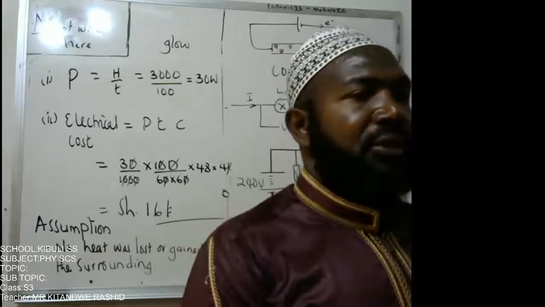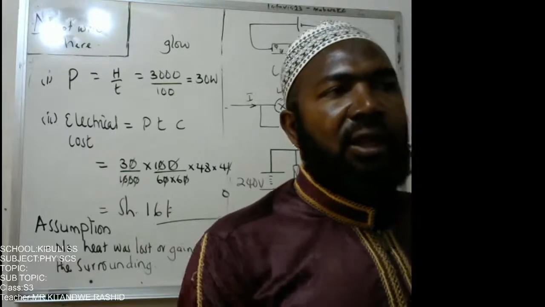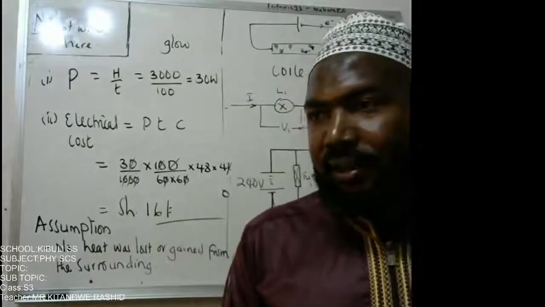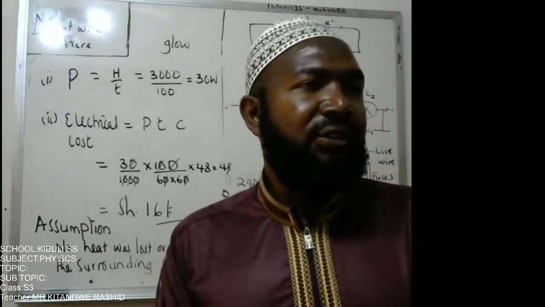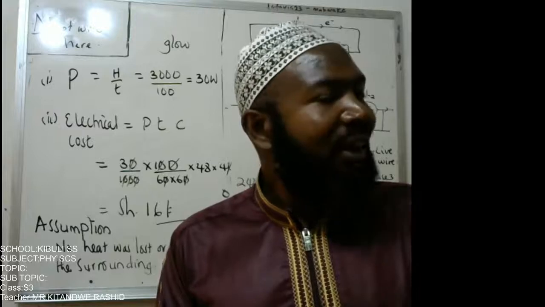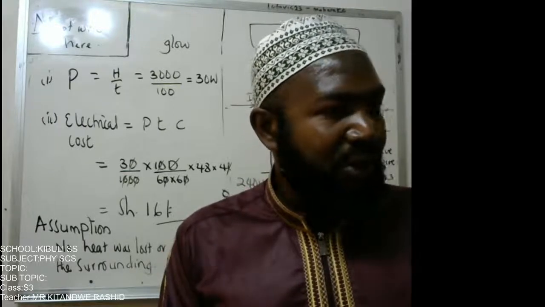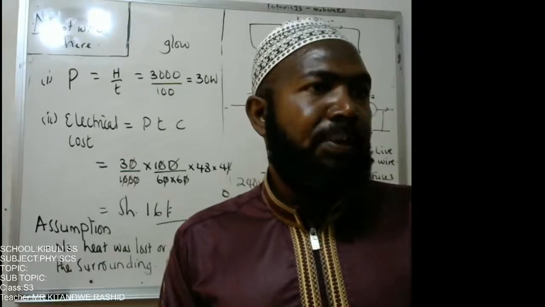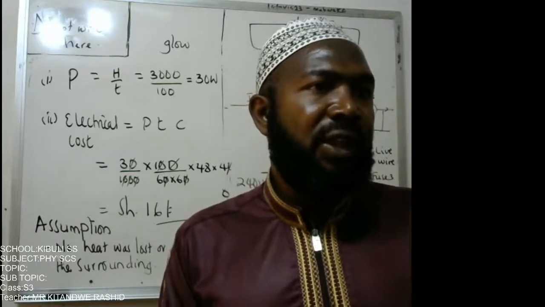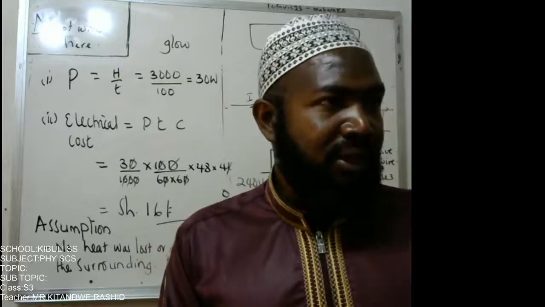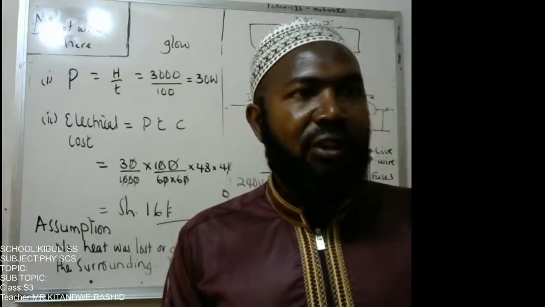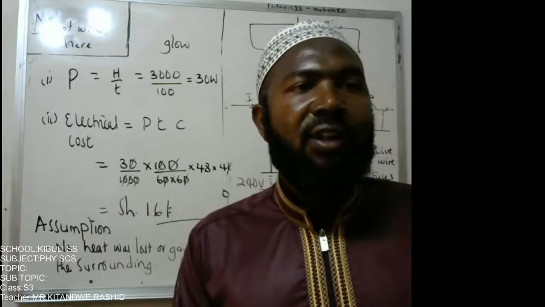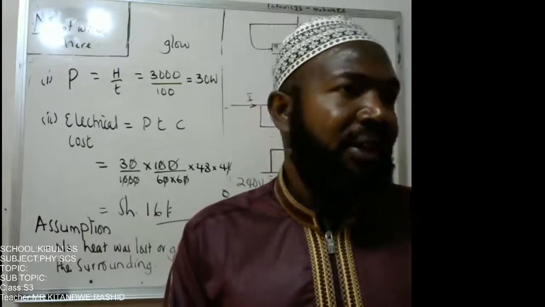So there will be a small activity which you will do. It has only 3 numbers, and all of these activities revolve around parallel and series connection. Are you getting it? Number 1, explain why the fuse is always fitted to the live wire in an electrical appliance. The power rating of an electric bulb is given as 24 watts, 240 volts. Calculate the current through the filament and the resistance of the filament.